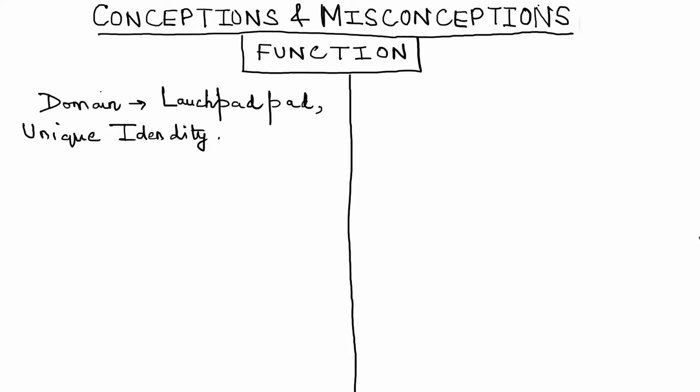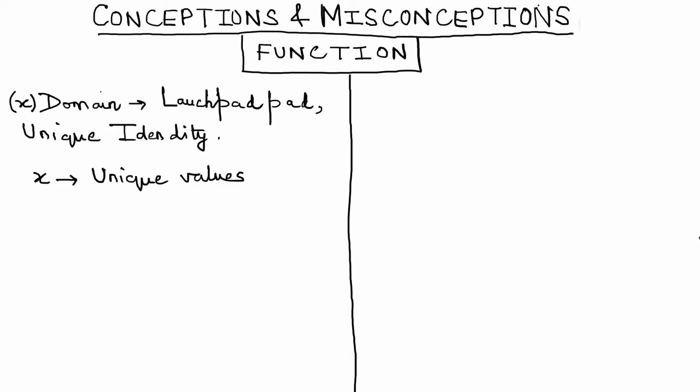Okay, so I'm writing down four things here. One is, and we are aware of the fact that the domain is represented by the independent variable x. So now when I am giving different values to x, what are the different values that we can give? Either we can give unique values.